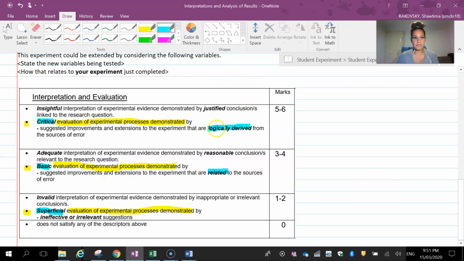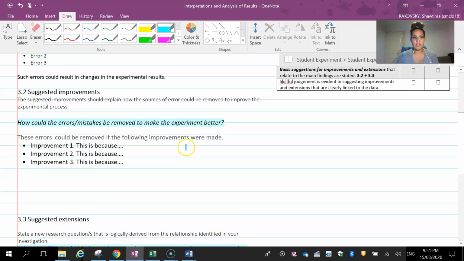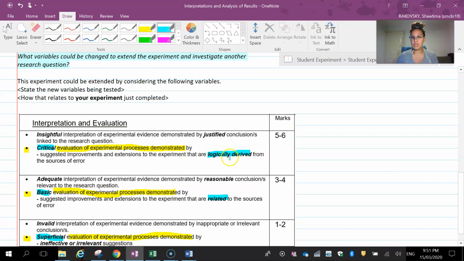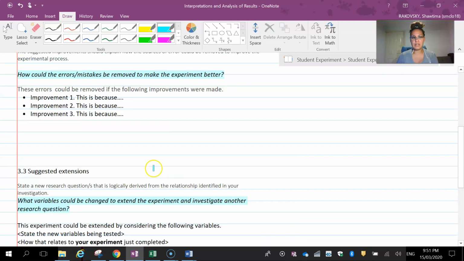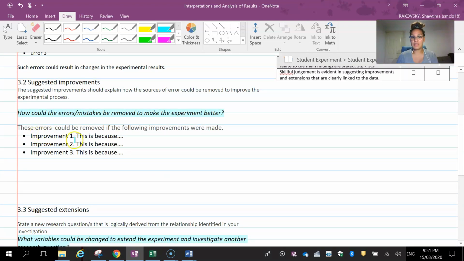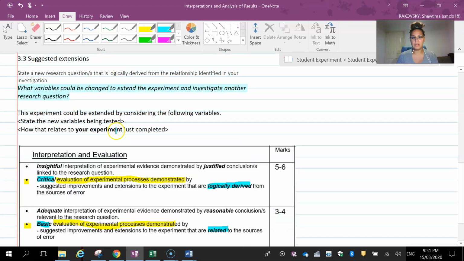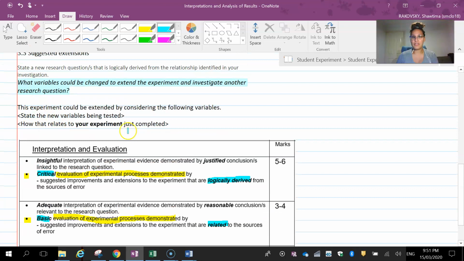Yep, there we go. So it's logically derived. So again, improvements. If you have an improvement, how does it link to this? That's what we're looking for with logically derived: you've made this improvement because of whatever error it was. You've made this modification, but how does it relate to your data that you found originally?